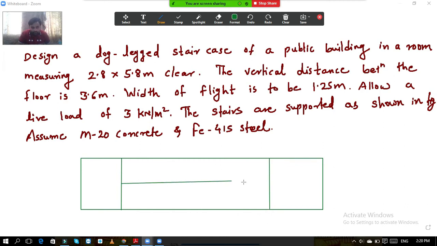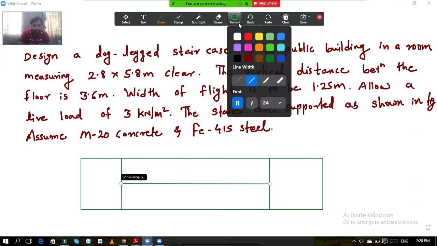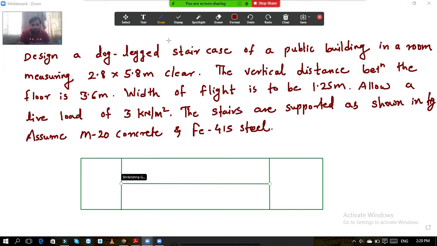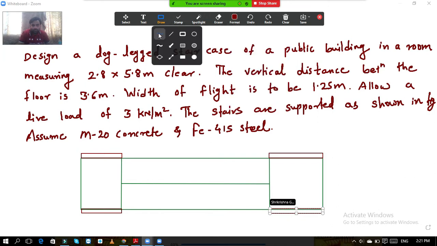You copy this diagram with me, and now the support is provided over here, like this. This is the plan, and in this way it is supported now. So these are the supports. Here this is the support.